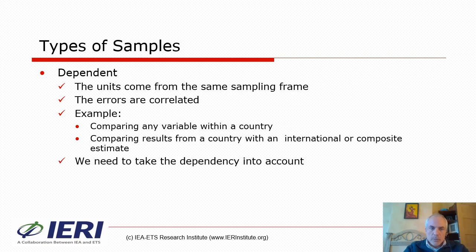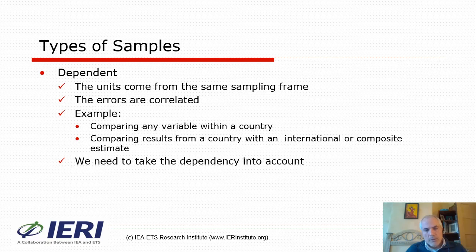This is in contrast with dependent samples, where the units come from the same sampling frame and the errors are correlated. Take the example of selecting schools from a population, and having a sample that has boys and girls in it, and then you're comparing the average of boys versus the average of the girls.